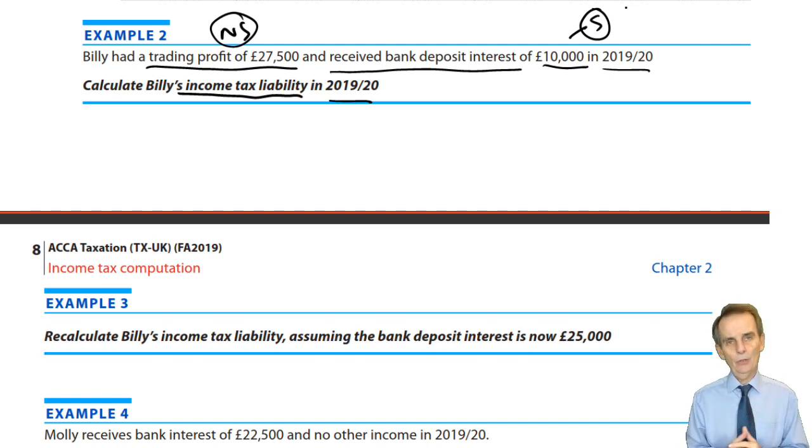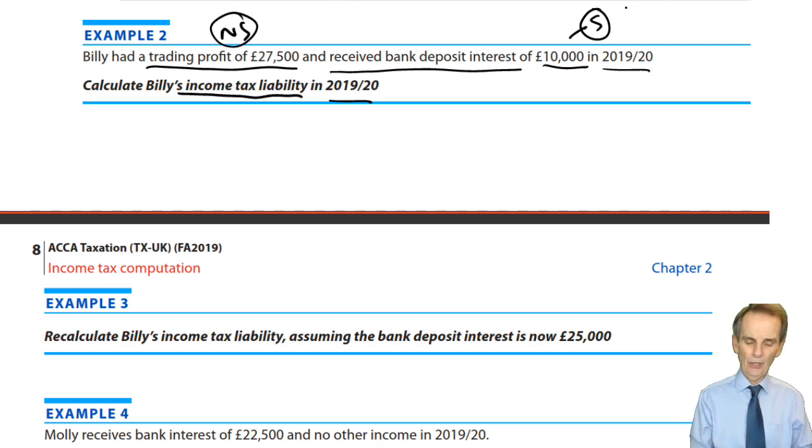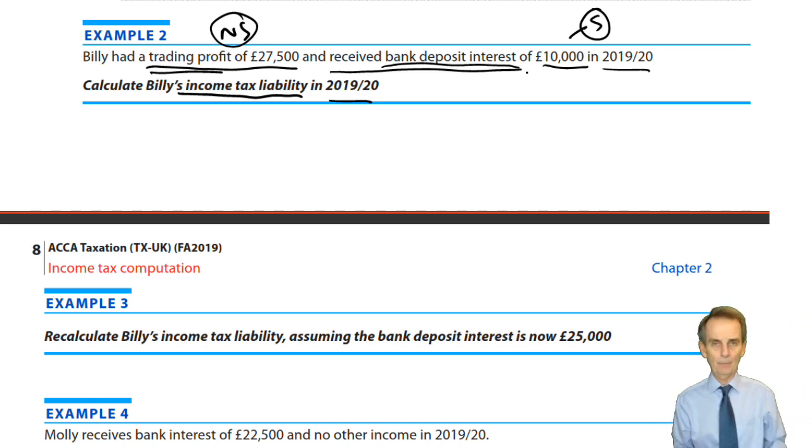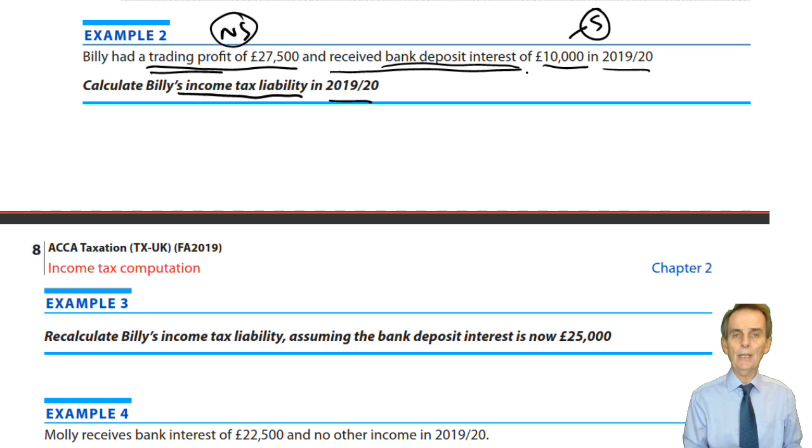So set up your income tax computation with columns across the top, going in order: non-savings, savings, and then total. List down your income, earned income first, trading profit, followed by your unearned, your investment income, bank deposit interest, and that is savings income.